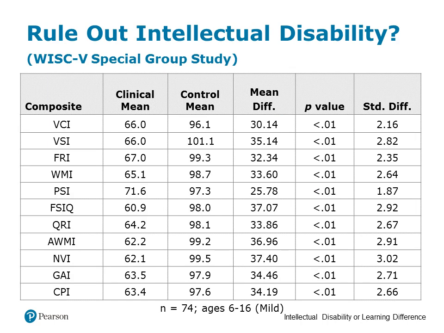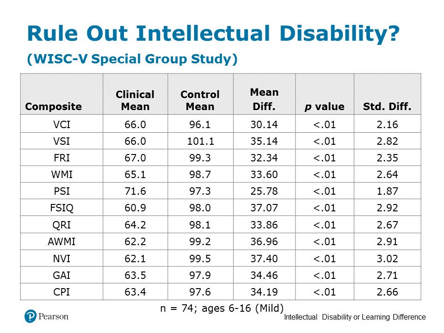So the question is, can we rule out an intellectual disability? What if you have that pattern of scores that I described for Aaron? Can you rule out an intellectual disability?